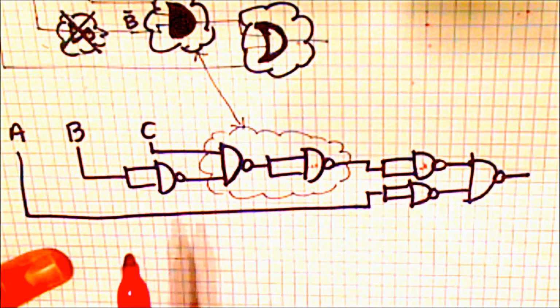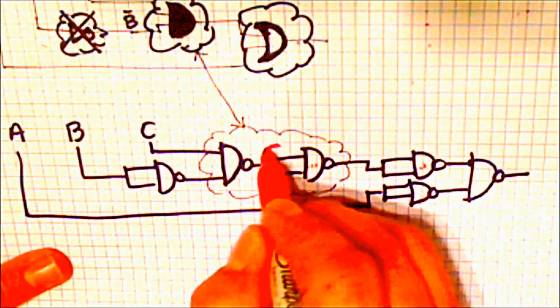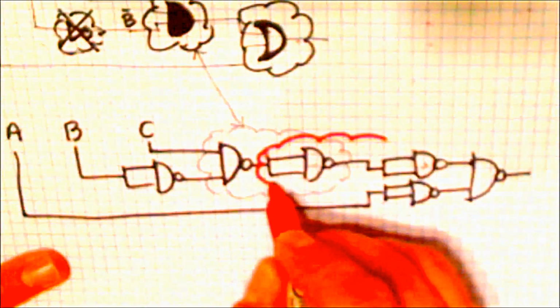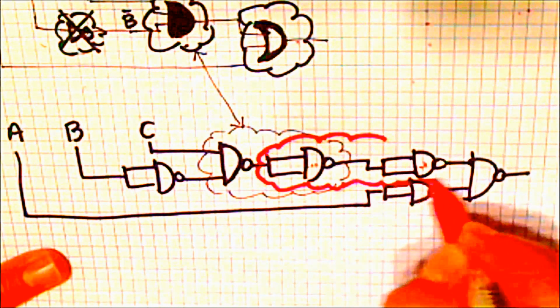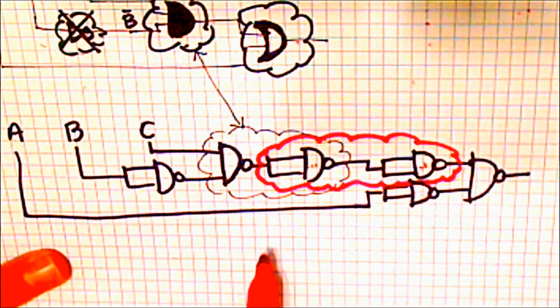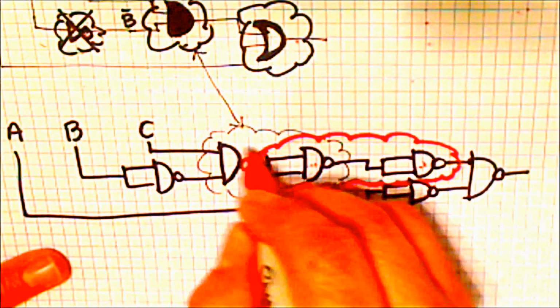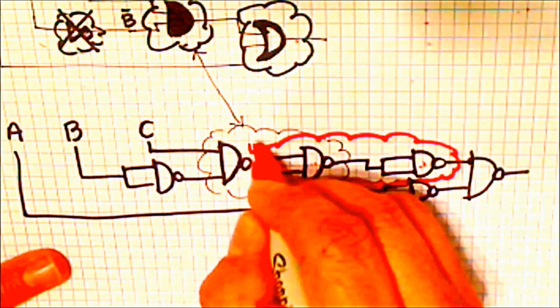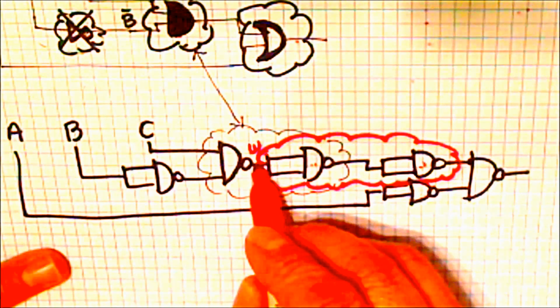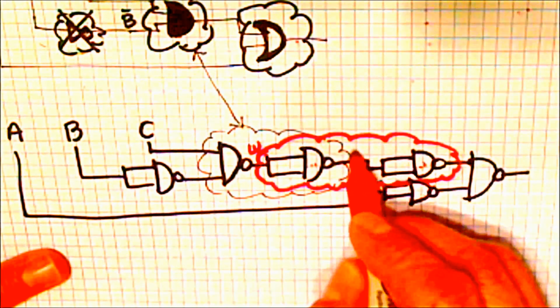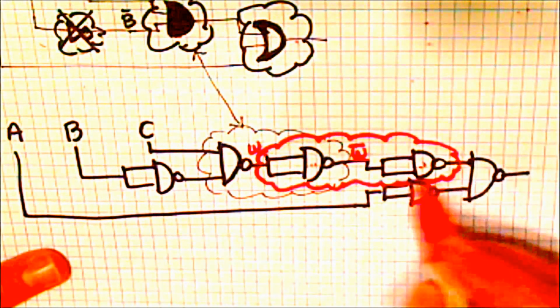For those of you that caught this, you may notice that this situation here is not necessary, because if we say that the output at this point is W, when we come out here the output is W inverted.